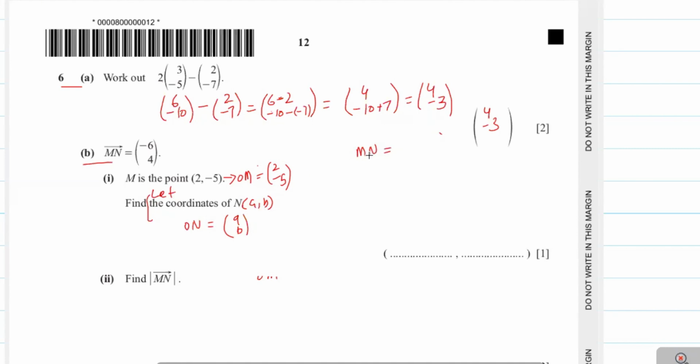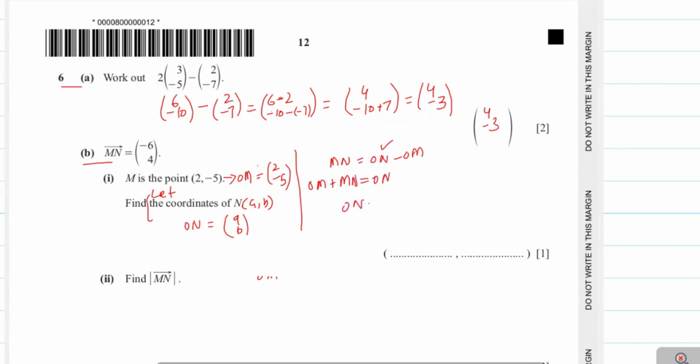We can calculate ON by using MN. We can write MN will be equal to ON minus OM. Here we can calculate ON. If we shift OM from right to left side, this value will be OM plus MN equal to ON.